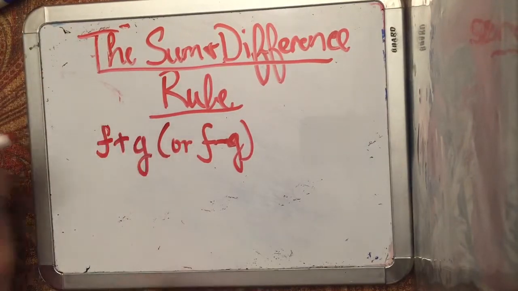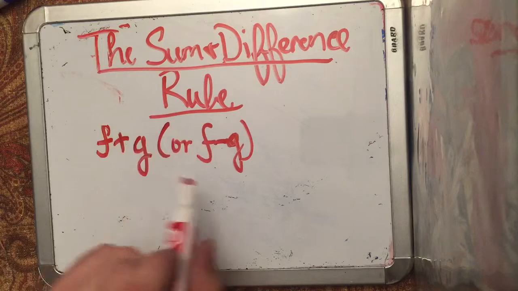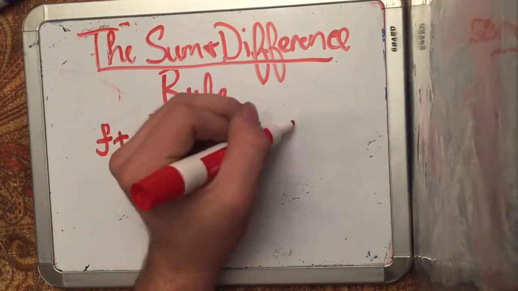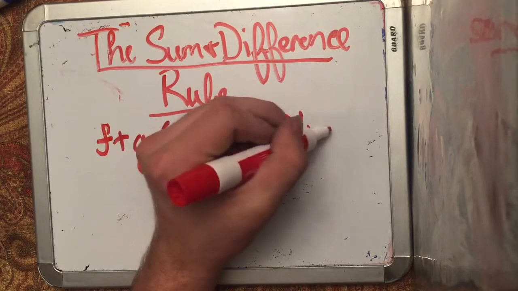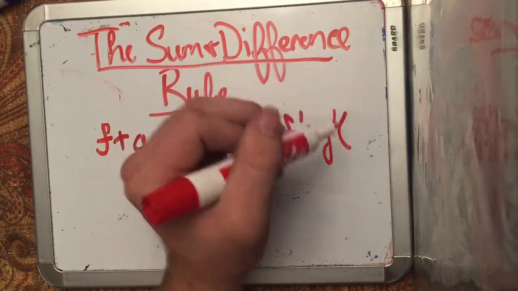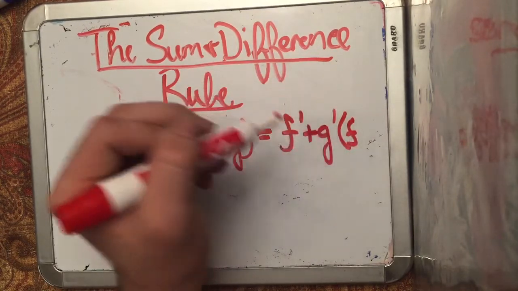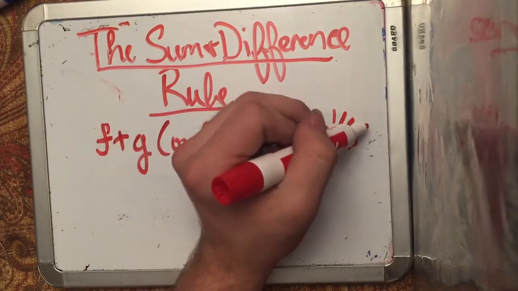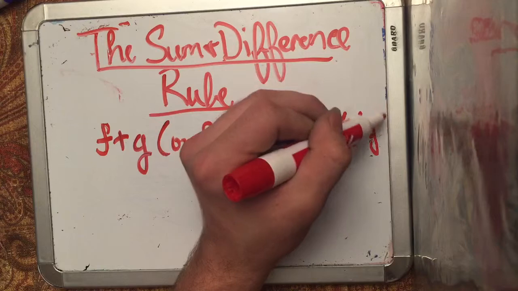It's implied. So this always equals the derivative of those functions added together, the derivative of f plus the derivative of g, or the derivative of f minus the derivative of g.